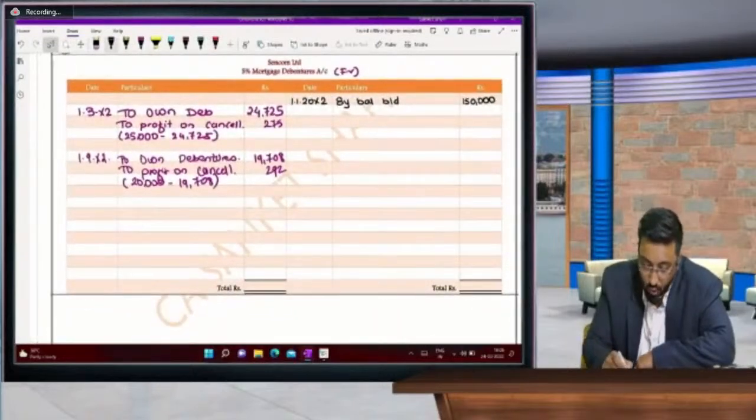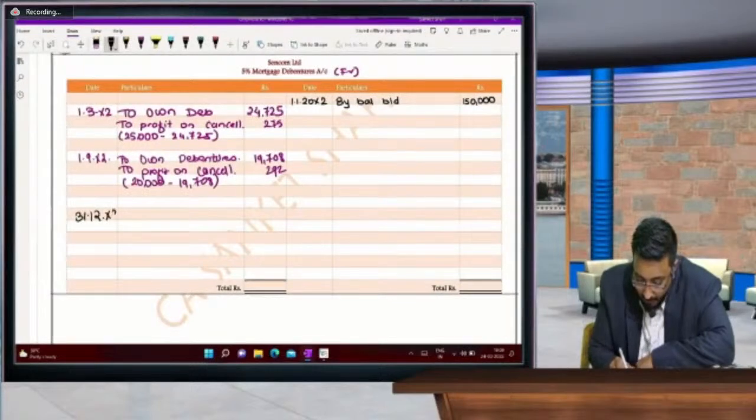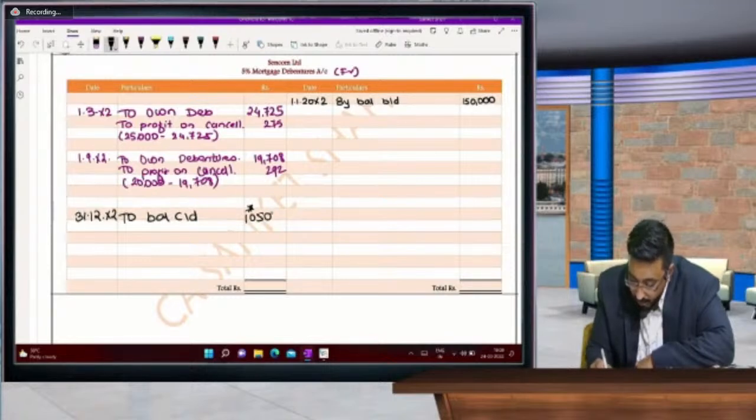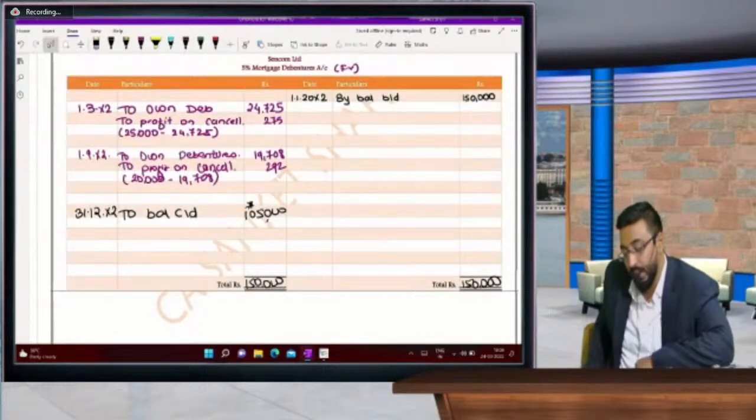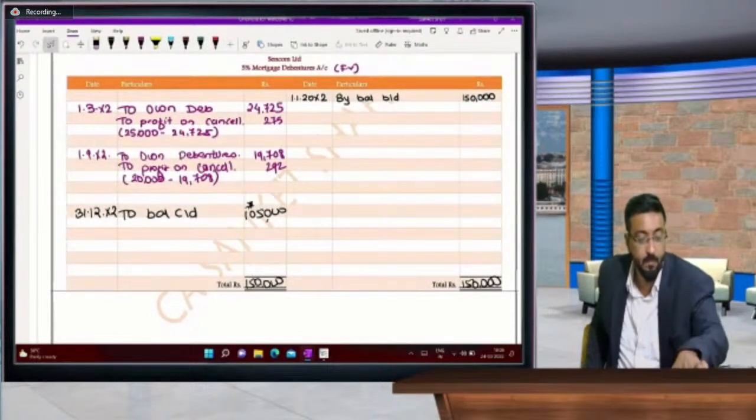So let's close it now. 31st December. To balance carried down. 1,05,000. Correct? Correct, hai?